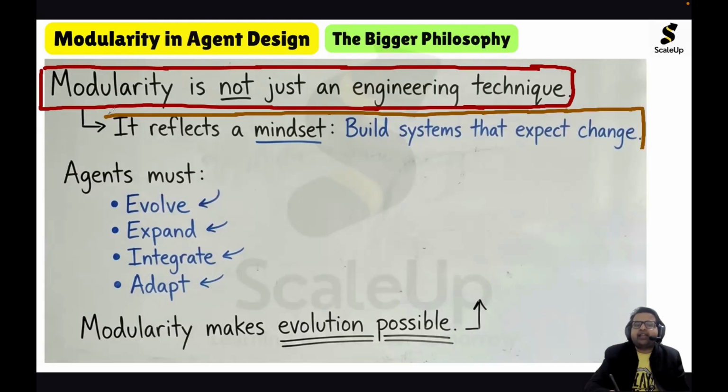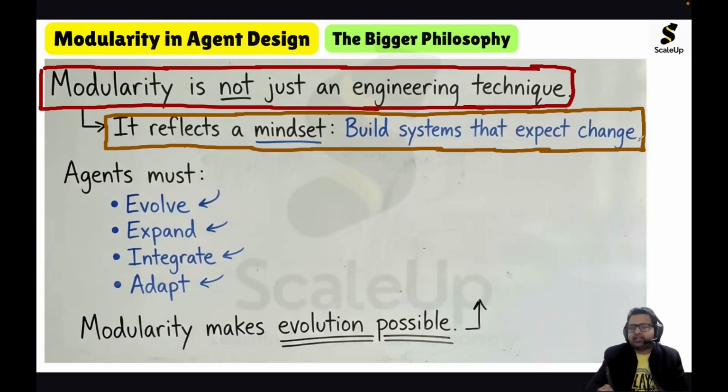Any application you are building will keep on evolving with time. And if your application is modular in nature, it can very easily adapt to new user requirements and evolution. So with modularity in place, our agentic AI system will be very flexible and adaptable.